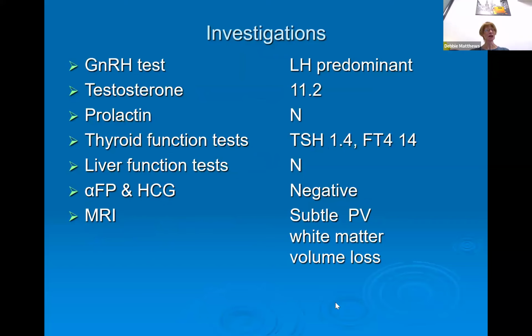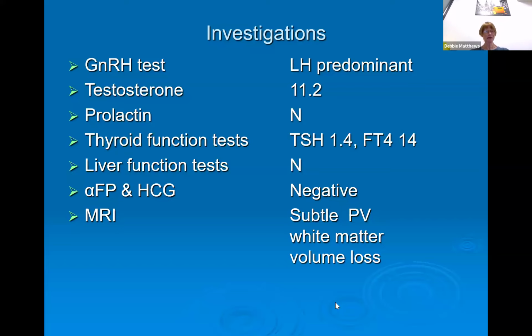Investigations using a GnRH, a gonadotrophin releasing hormone test used to determine whether we have central precocious puberty, showed an LH predominant response rather than FSH predominant, indicating true central precocious puberty. He had a testosterone value of 11.2 nanomoles per litre, equivalent to a low adult male's testosterone concentration.